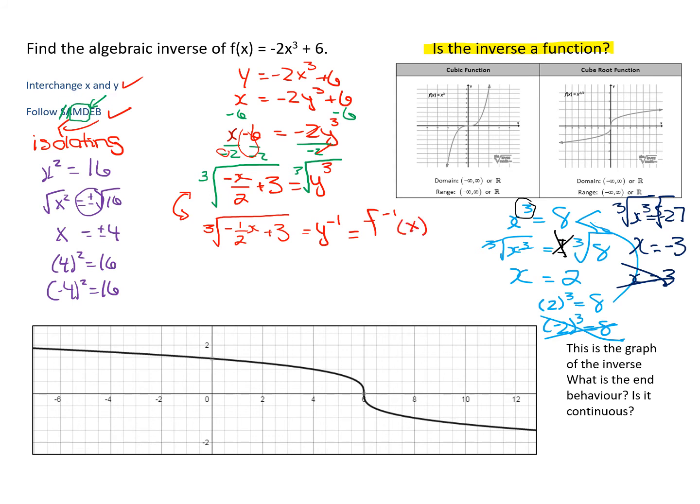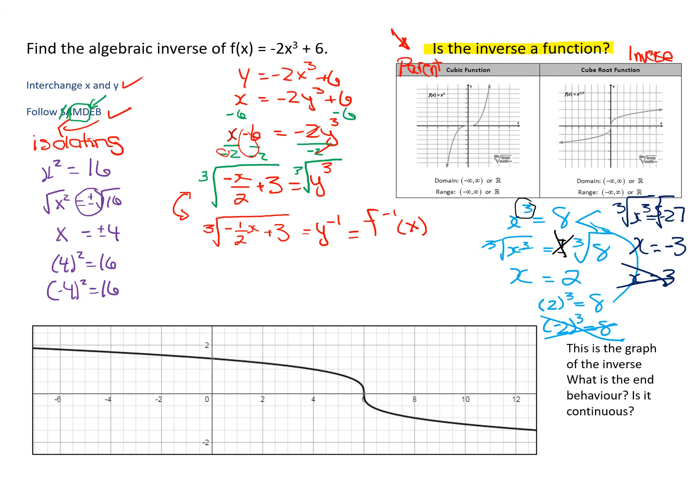Looking back up to this graphic at the top here, this is the parent cubic function. I just said it is a function, right? This is a function, and its inverse is over here. This is the inverse of it, and you can see it's also a function. It passes the vertical line test.